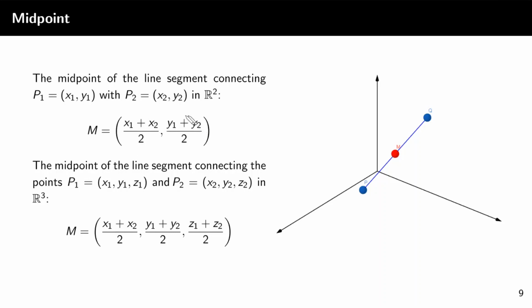Basically, we just average the coordinates. So it's the same in R3. We just take the average of the three coordinates. So the x-coordinate of the midpoint will be the average of x sub 1 and x sub 2, which is x sub 1 plus x sub 2 divided by 2. Same thing with the y and z coordinates.